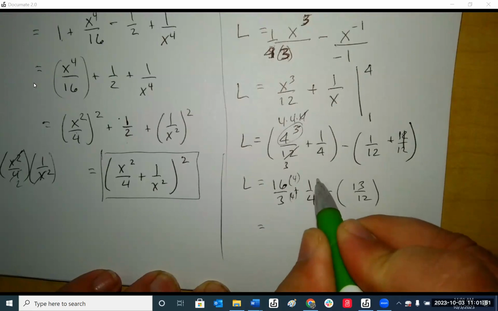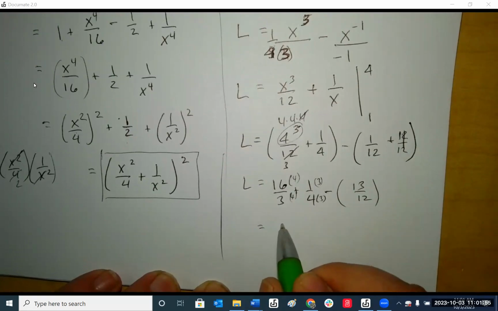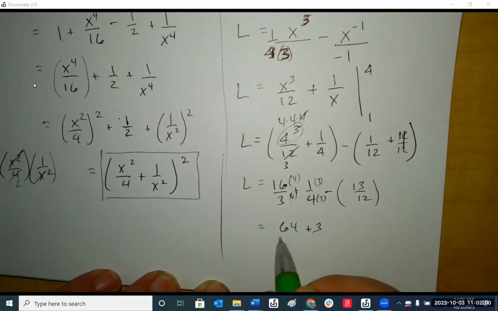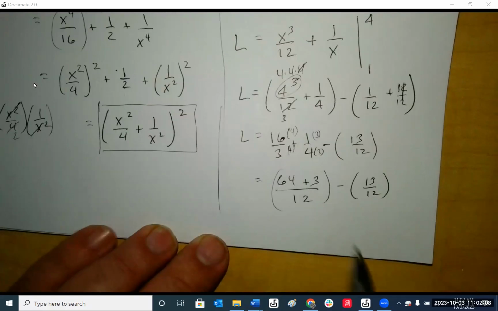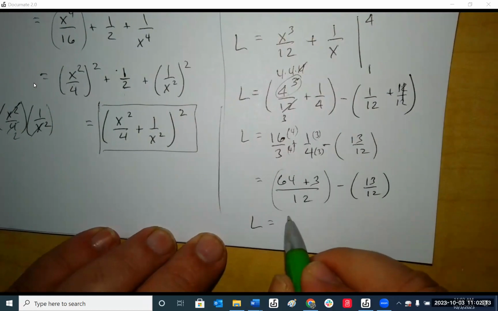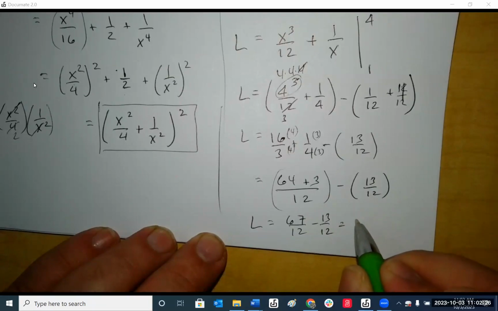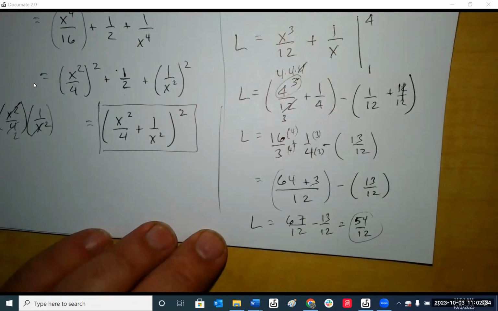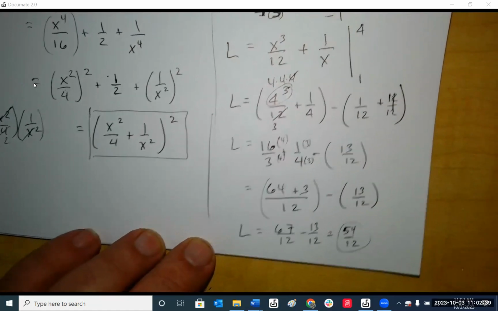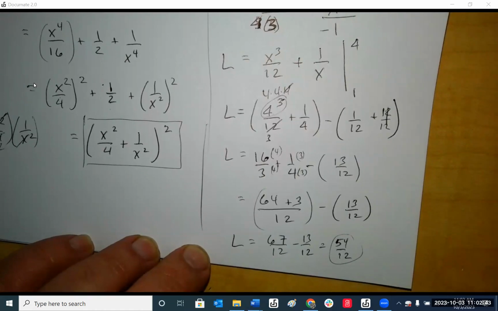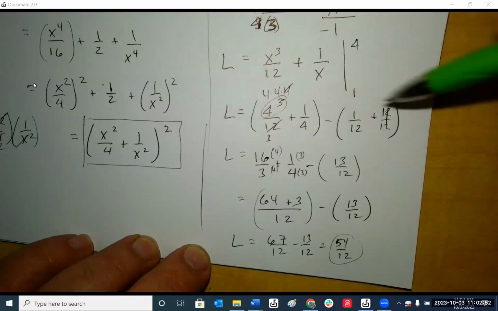Multiply this one by 4, and this one by 3. 64 plus 3 over 12 minus 13 over 12. 67 over 12 minus 13 over 12 is 54 over 12. Yeah, it should be plus.